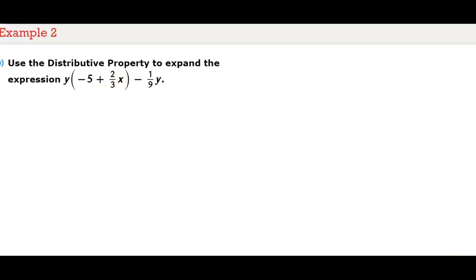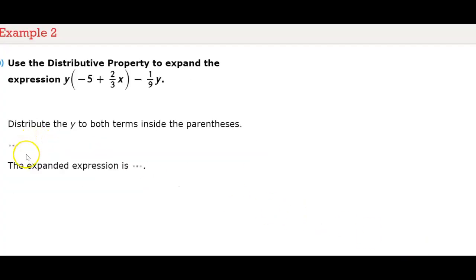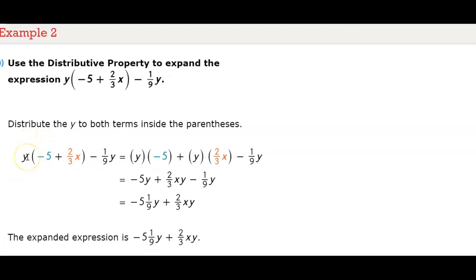The book doesn't. And so we are still using the distributive property by taking whatever number, in this case it's a variable, and multiplying it times everything on the inside of those parentheses. So we have y times the -5 and y times the positive 2/3 x.